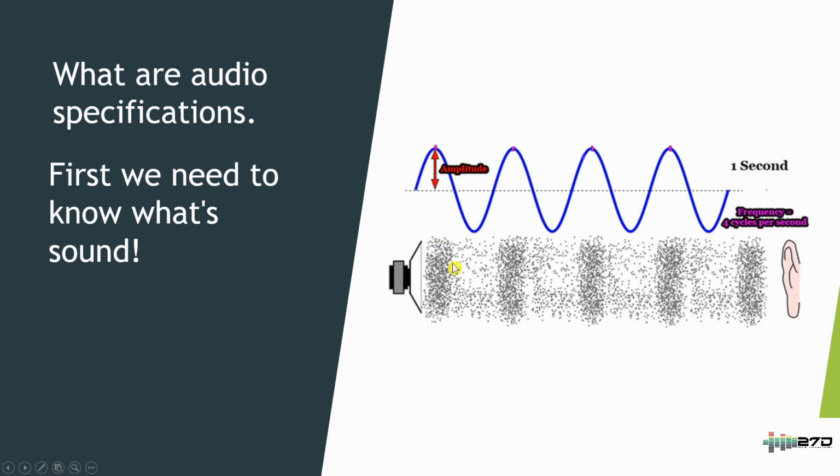Now, how many times this happens in 1 second is another measurement, how frequently these waves make one complete cycle. If it does 4 in 1 second, that would be 4 hertz.